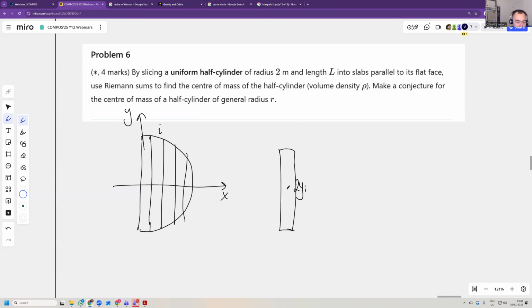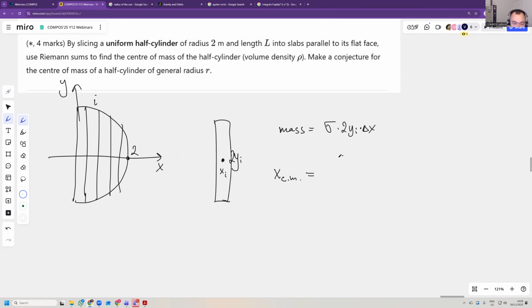This is 2y, and the center of mass position is xi, and the mass is sigma multiplied by 2yi multiplied by delta x. Then the x center of mass is the sum of mi xi divided by the sum of mi.